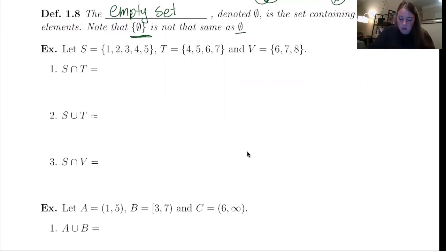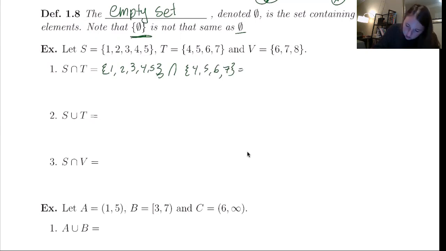So if I want to find the intersection between S and T, I would look at {1, 2, 3, 4, 5} intersecting with {4, 5, 6, 7}. You don't have to write all this. And then I would look at, okay, what numbers do I have the same?